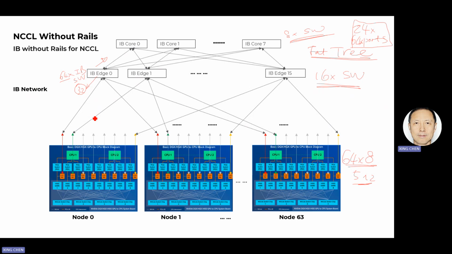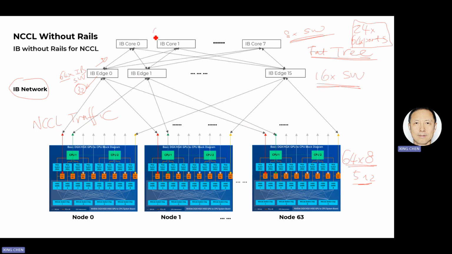But the fact is that because the NICO communication is divided into different rails, if you build this kind of fabric network for the NICO traffic, you will end up with very few traffic going through the core layer switches.